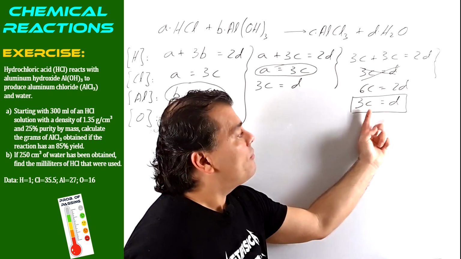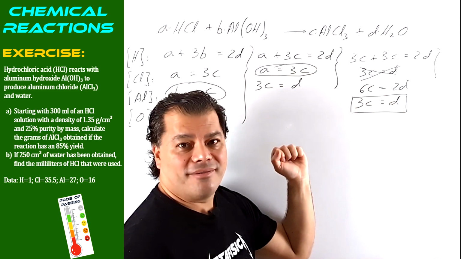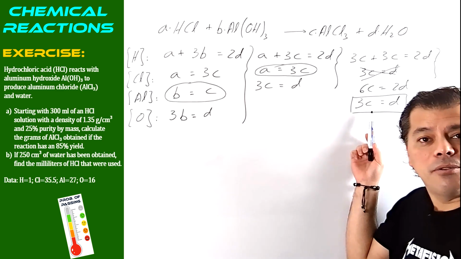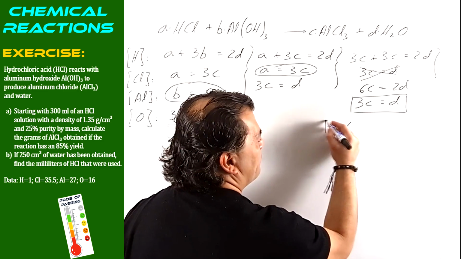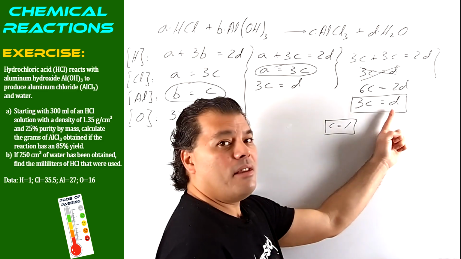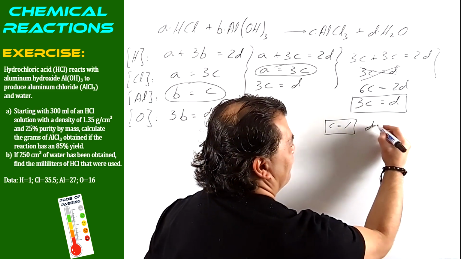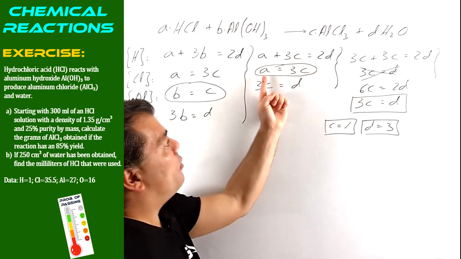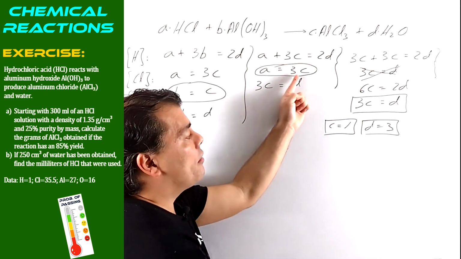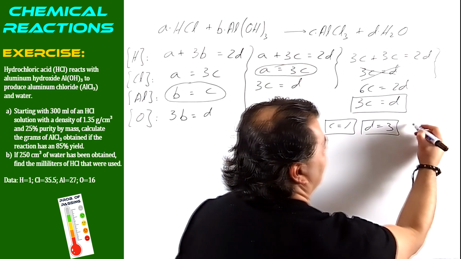Now we are giving values to C in order to write all the stoichiometric coefficients. Let's use the simplest value, that is C equals 1, and D equals 3 times 1, 3. And here we have A equals 3 times C, 3 times 1 is 3 also.